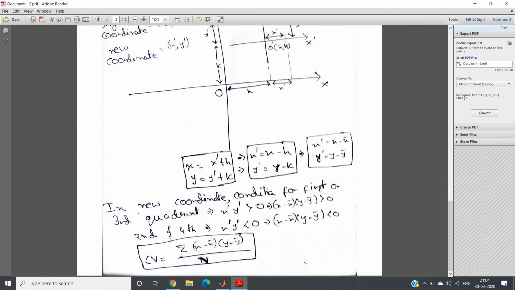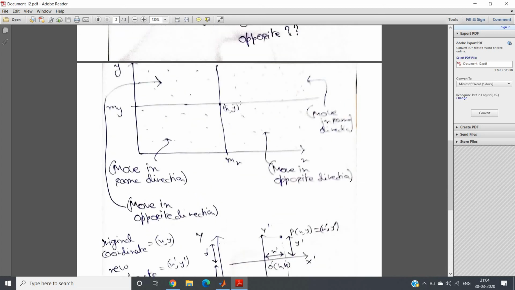So after calculating, if we get this covariance as positive, that means there are more data points having x dash y dash as positive. That means more data points are placed in the first or third quadrant, moving in the same direction.